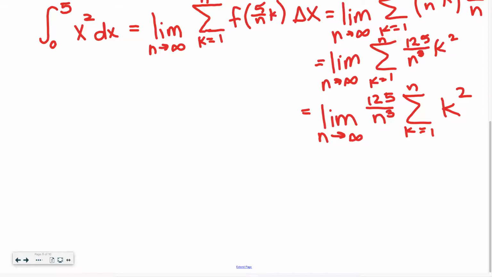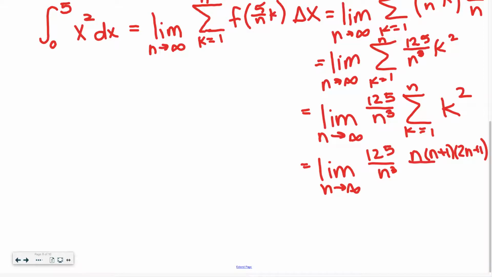Okay. Our shortcut for the sum of k squared is n times n plus 1 times 2n plus 1 all over 6.